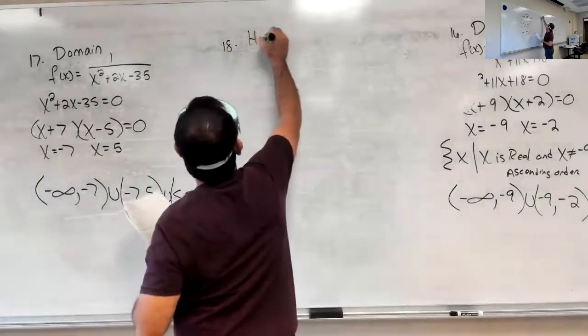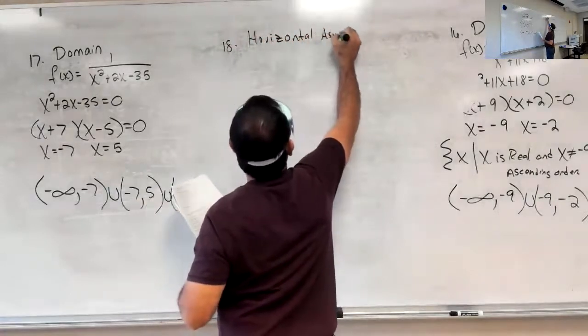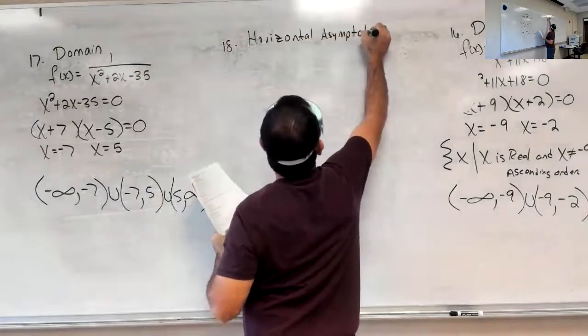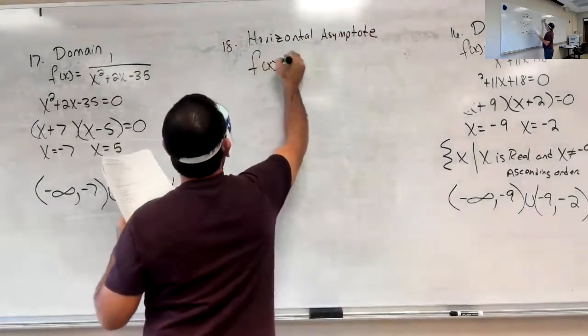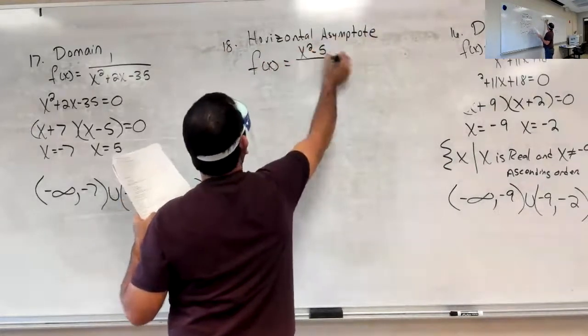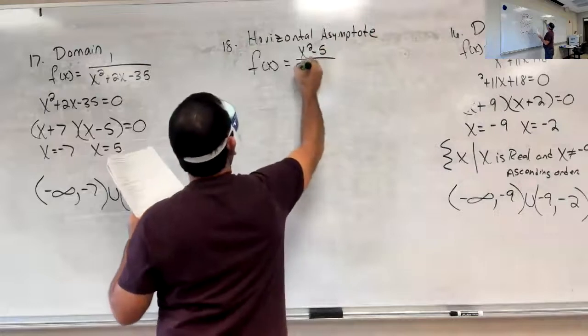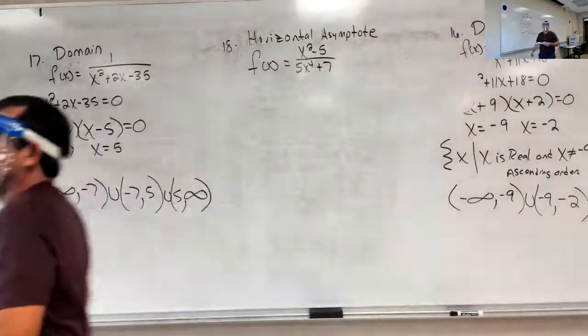This one wants to know the horizontal asymptote. So there are 3 cases on this. I've got f of x equals x squared minus 5 over 5x to the 4th plus 7.